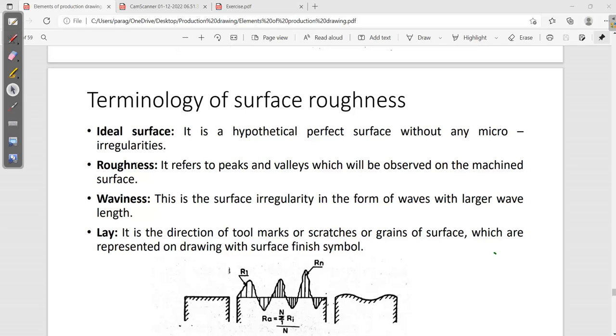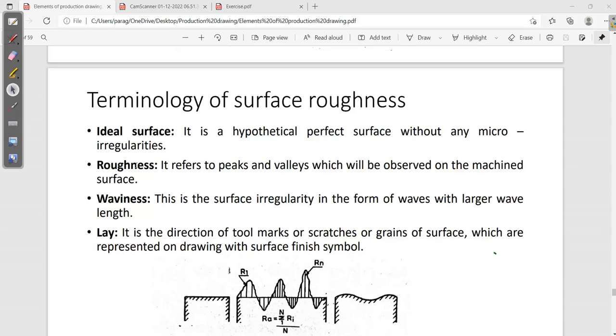Now, if I consider another example, a guide way, and suppose I give it a rough surface, what will happen? Definitely more friction will happen, and because of friction, the temperature will increase.